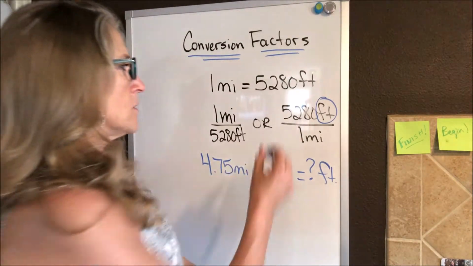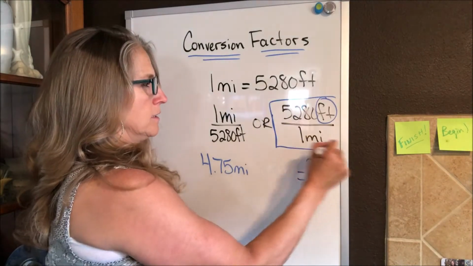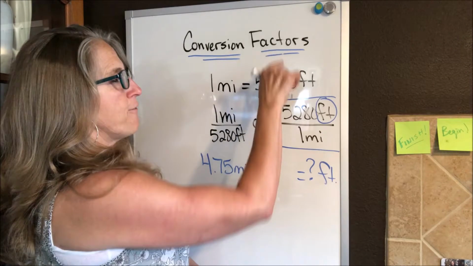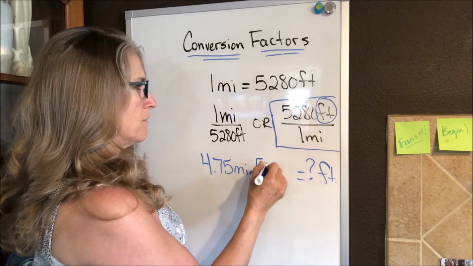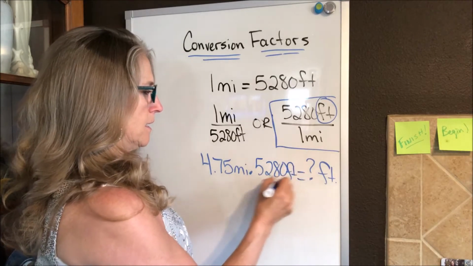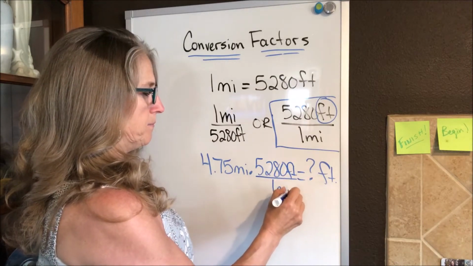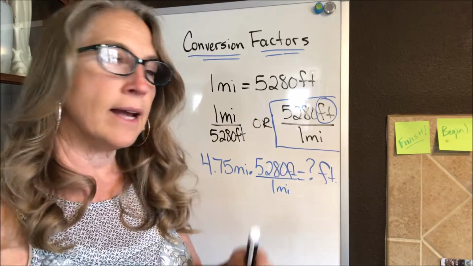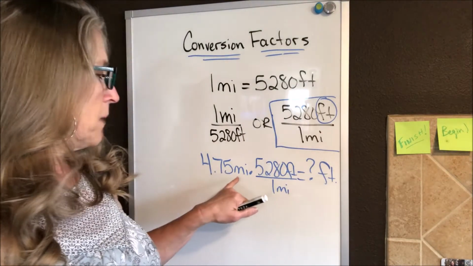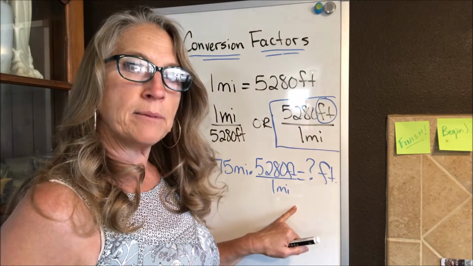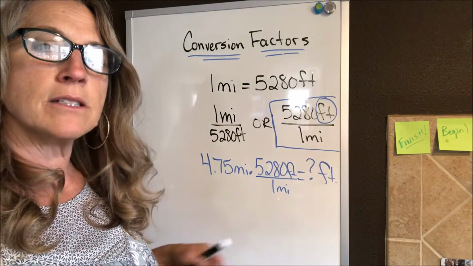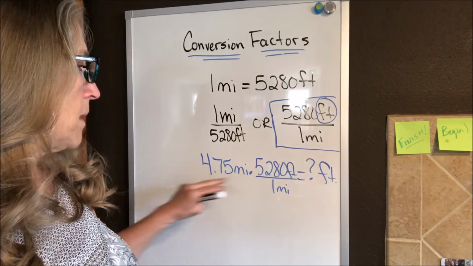So I'm going to use this conversion factor right here. So I'm going to multiply. We're multiplying. That's why it's a factor. Okay, so 5,280 feet in 1 mile. Now, back when I was about your age, I discovered that if I kept my units in my problem, I could see how they cross-canceled, factor canceled in my multiplication.